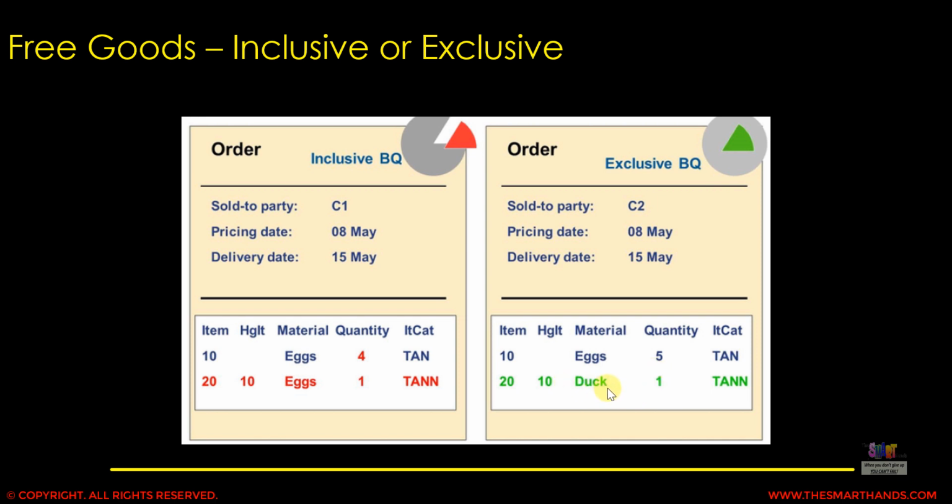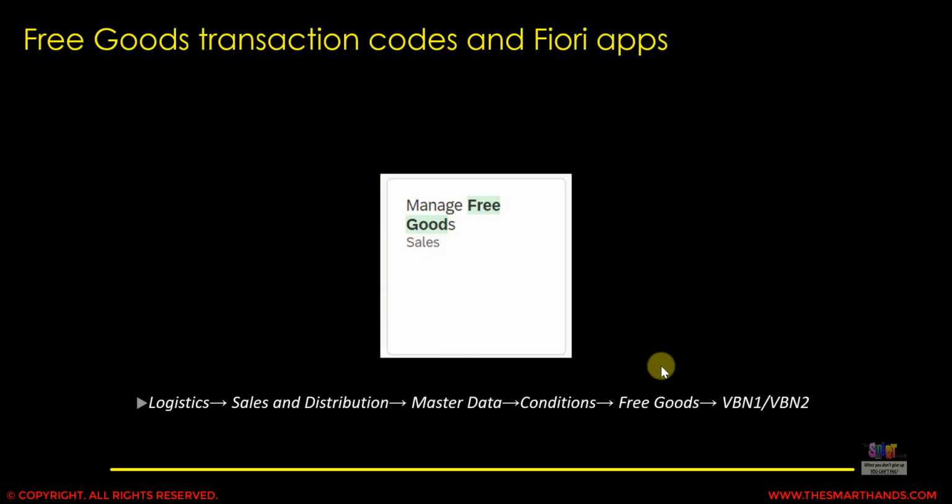The second item can be the same or something else, that's up to us. The main thing is that in inclusive, the total quantity remains the same as the order quantity, but in exclusive we add one more quantity on top of the existing ordered quantity. We'll see that in the system practically in a minute.